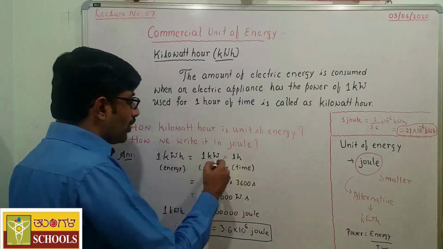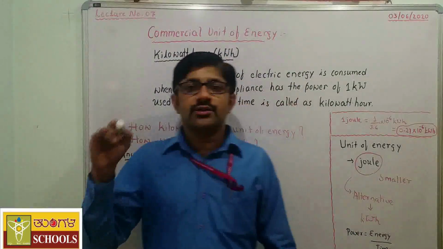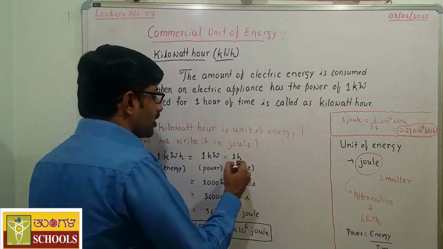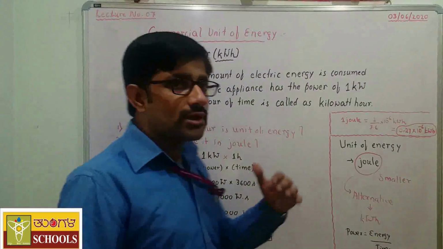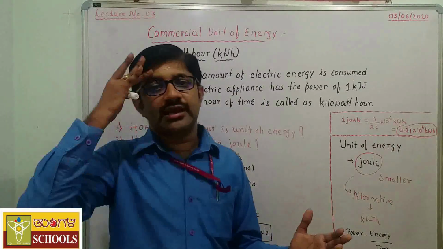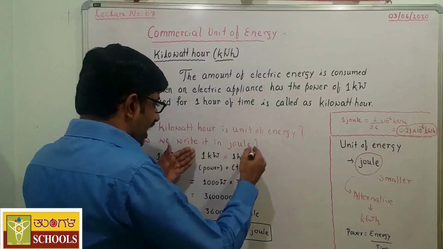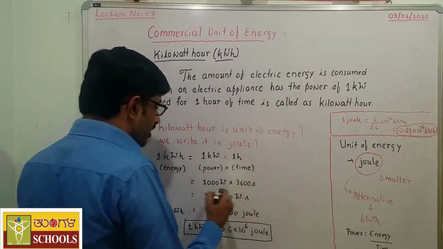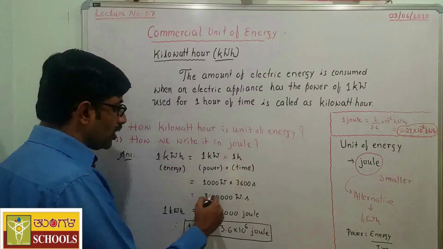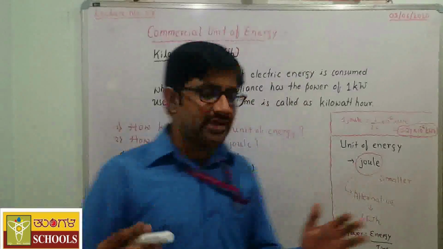So 1 kilowatt means what? 1000 watt. 1 kilo means 1000, 10 to the power 3. So 10 to the power 3 into 1 hour. 1 hour means 3600 seconds. So we are entering those values here. 1000 watt into 3600 second gives 36 lakh watt into second.